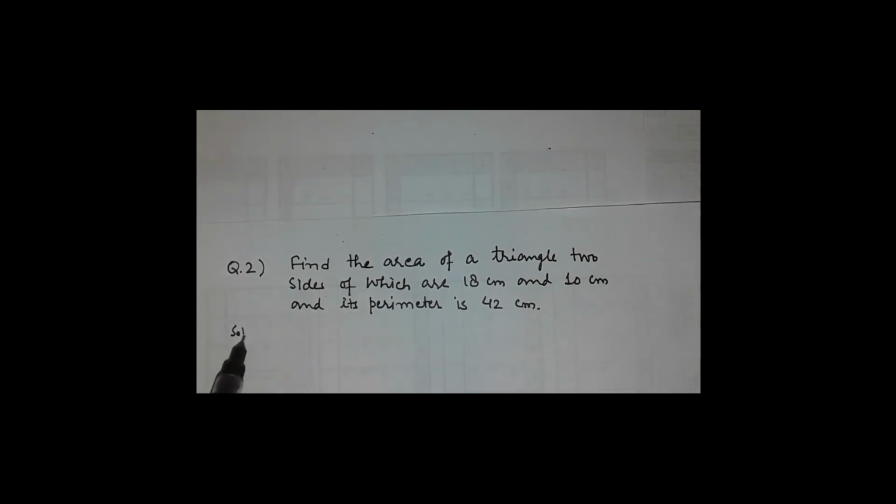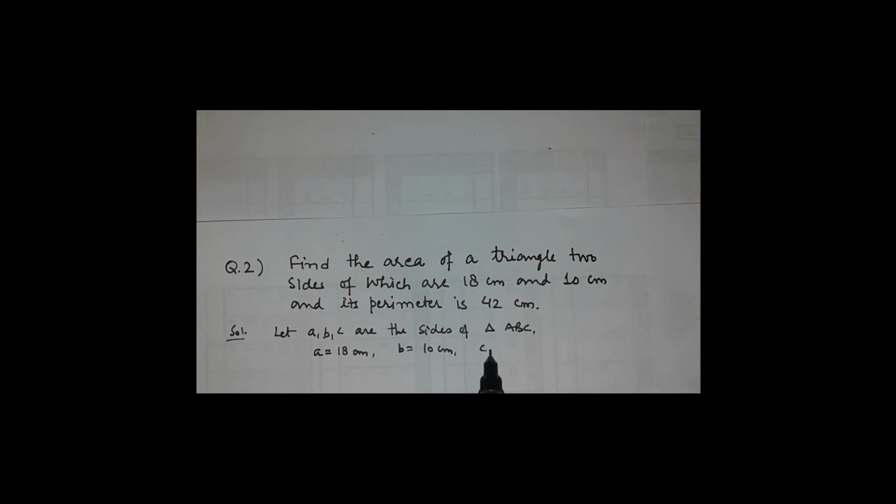Solution: let a, b and c be the sides of triangle ABC, and here a is given as 18 centimeters and b is given as 10 centimeters, and c we don't know, but the perimeter is given.